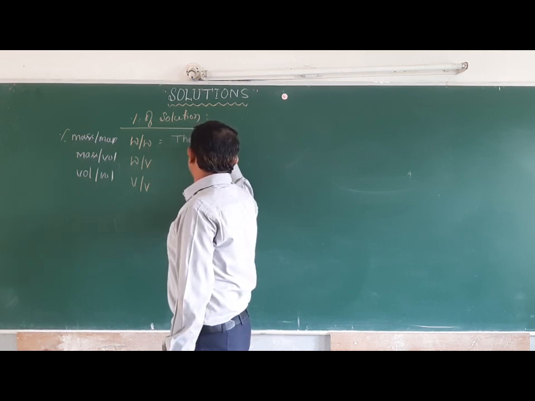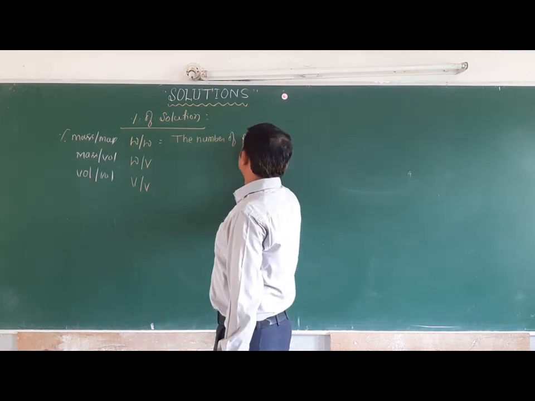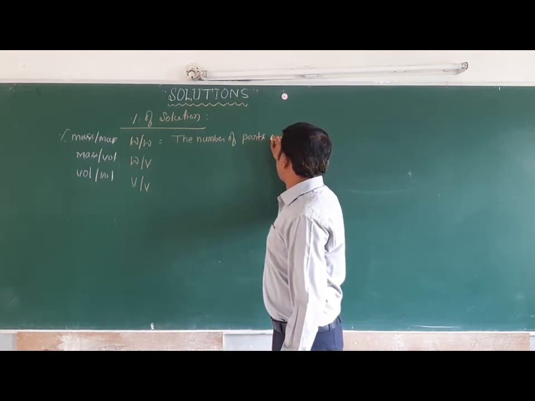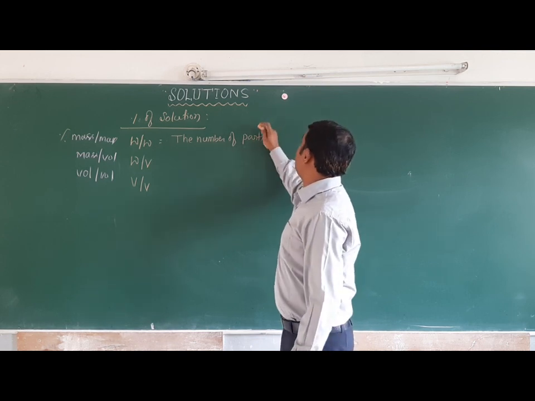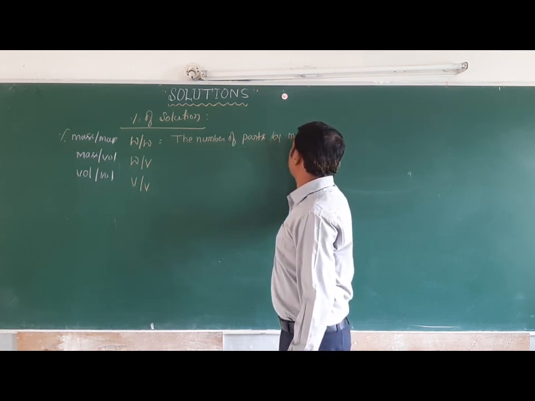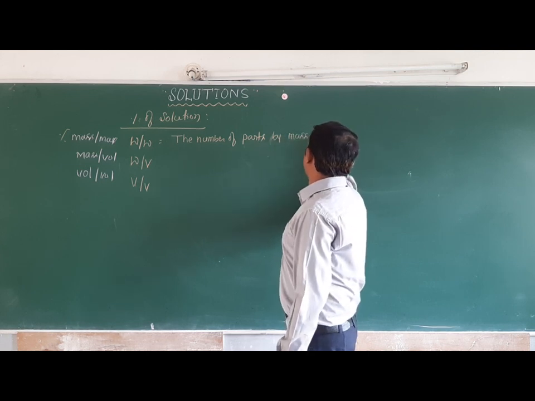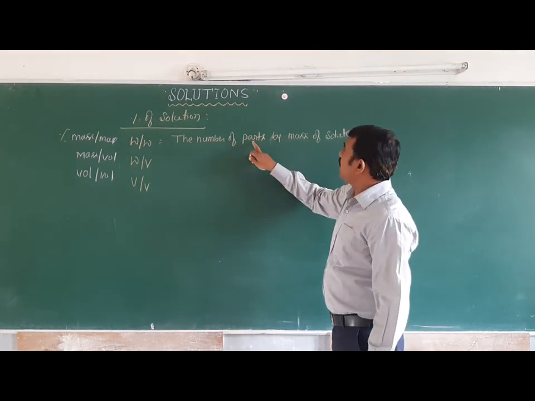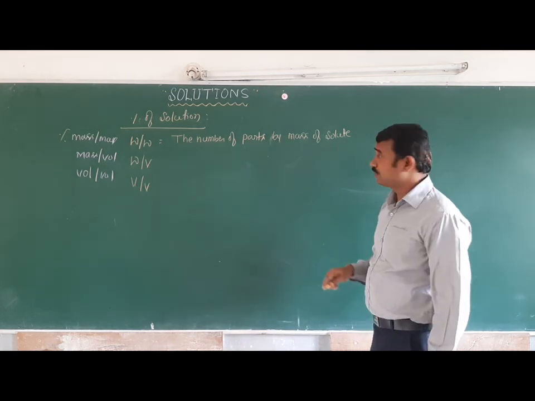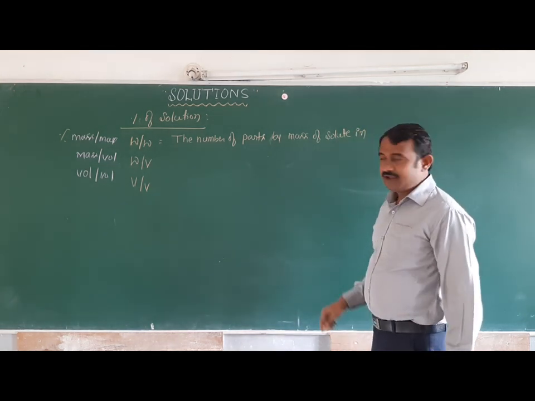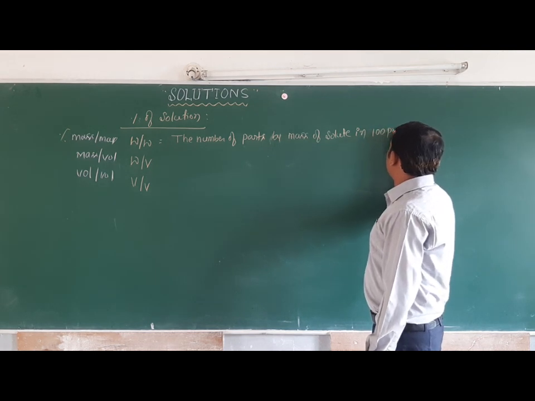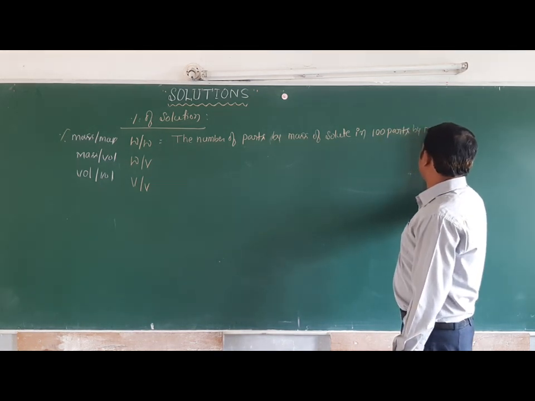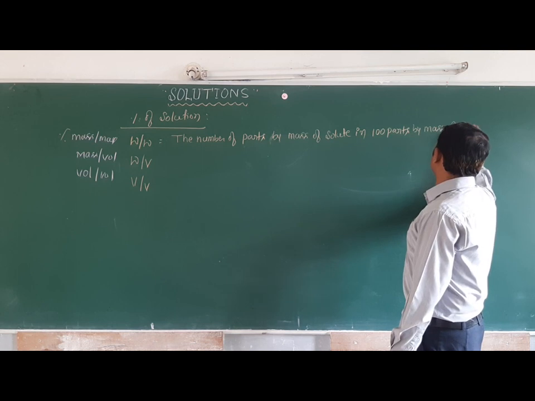The first one is the percentage of mass by mass. The definition: the number of parts by mass of solute in 100 parts by mass of solution.